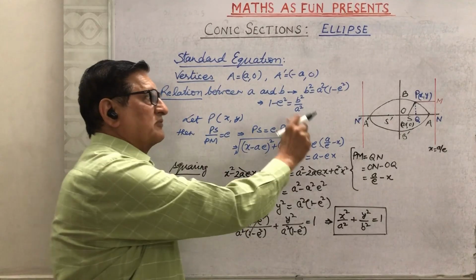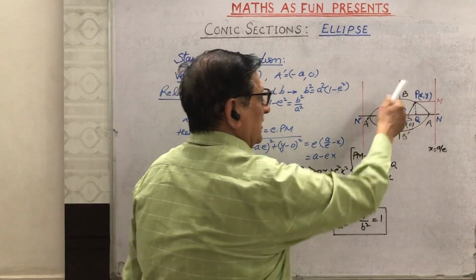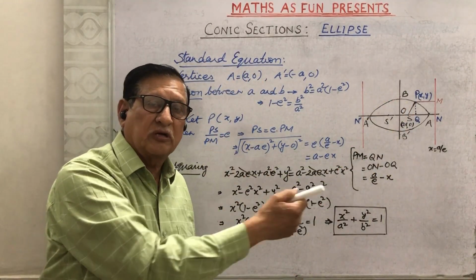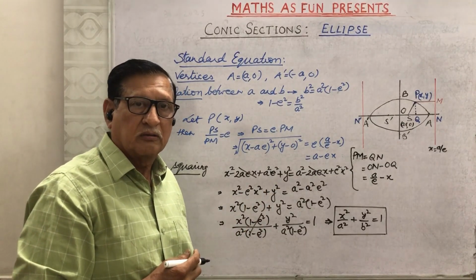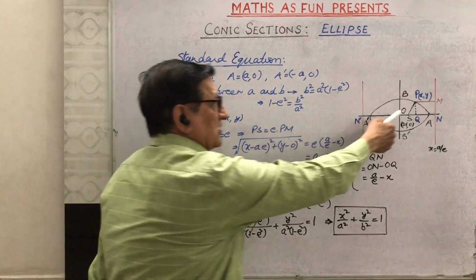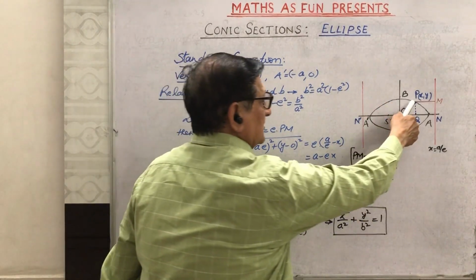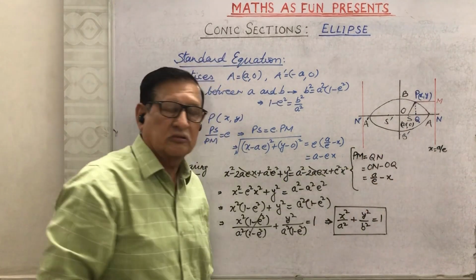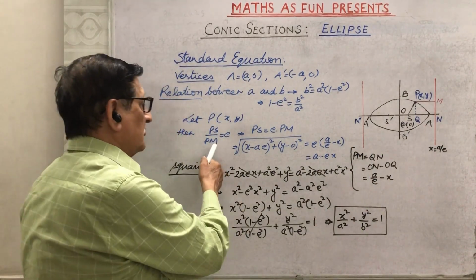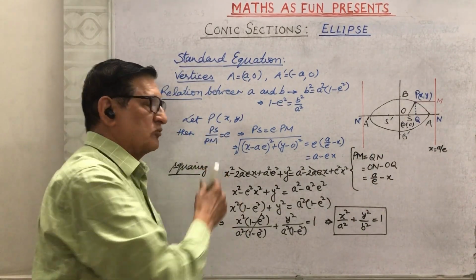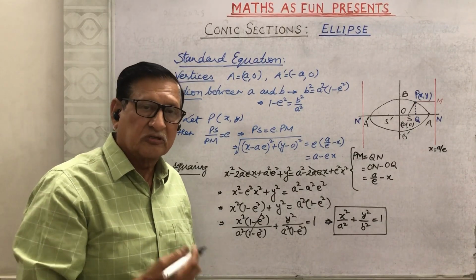Now for an ellipse, if we take any arbitrary point P here, the coordinates of which are (x, y), then PS will be the distance of the point from the focus and PM is the distance from the directrix. Then for the ellipse, we have that PS upon PM is equal to e, that is the eccentricity.